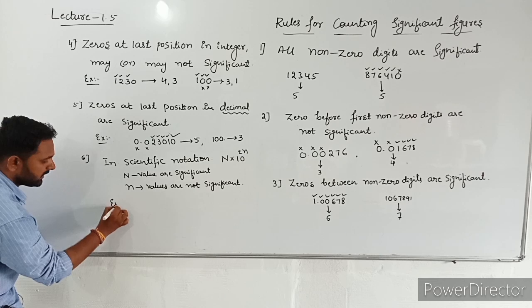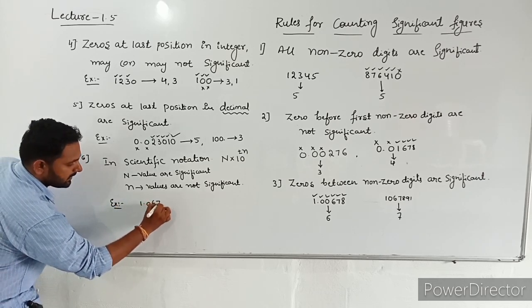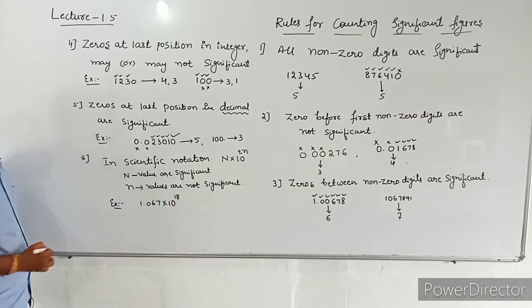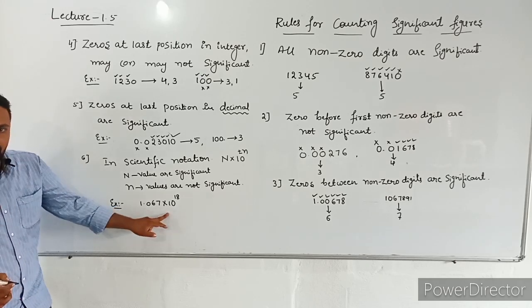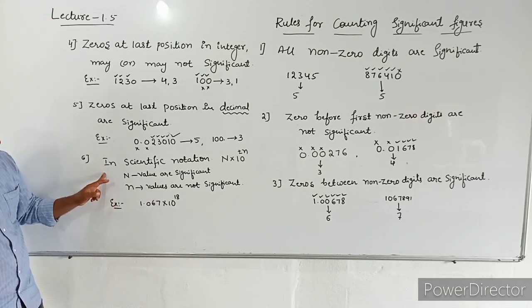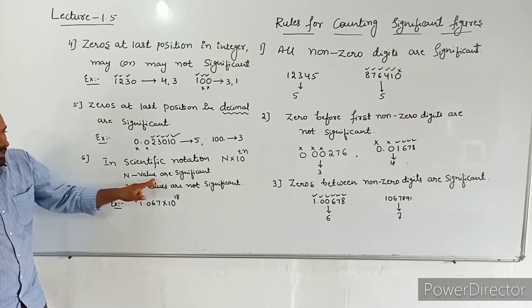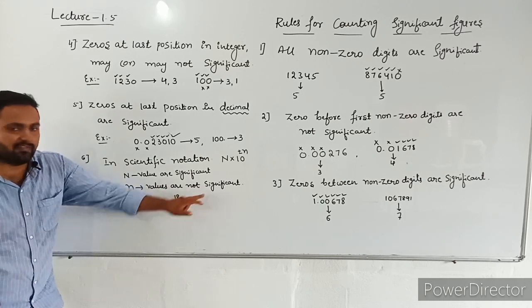Let us check one example. 1.067 times 10 power 18. Now tell me how many significant figures are present in this number. According to the sixth rule, in scientific notation, the N values are significant, but the exponent values are not significant.